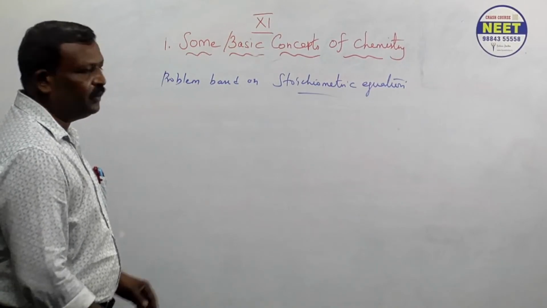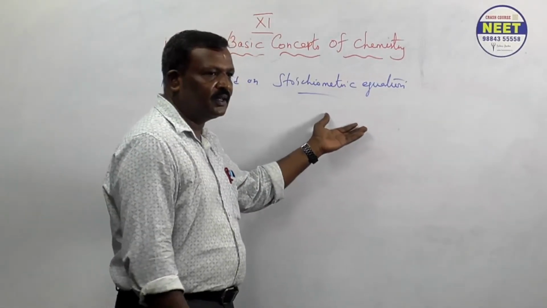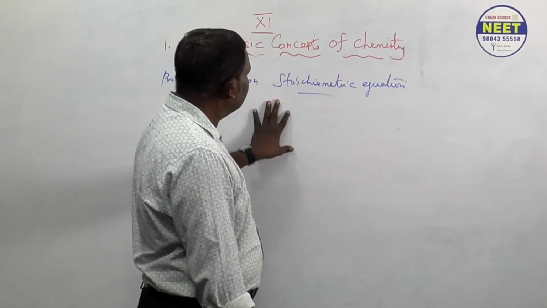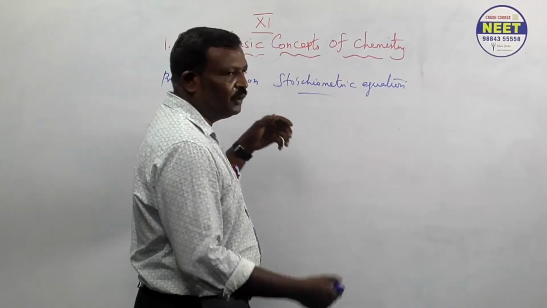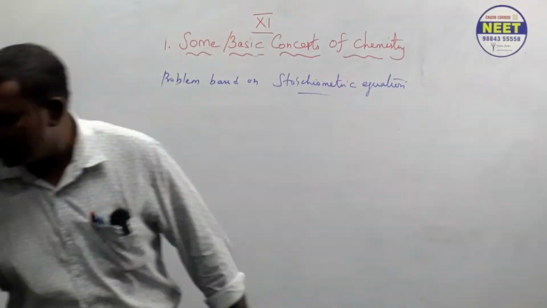Simple one. You should know how to frame the equation. Very simple. If you know, you can find out how much product is obtained. I'll give one sum so you can understand.